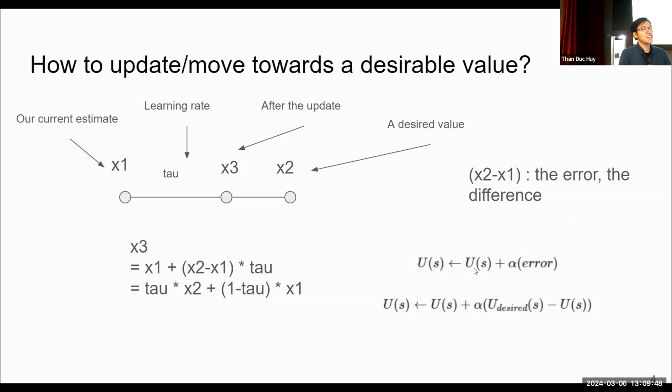So basically the idea is we want to update the value u by alpha, the learning rate, times the error. And what is this error? The error is from our current value towards the desired value that we want. So it will generally have this form.